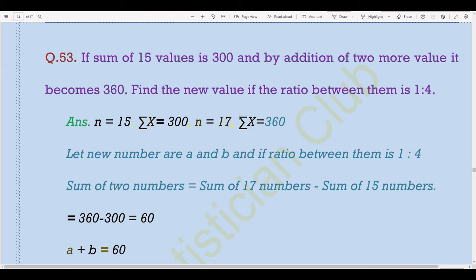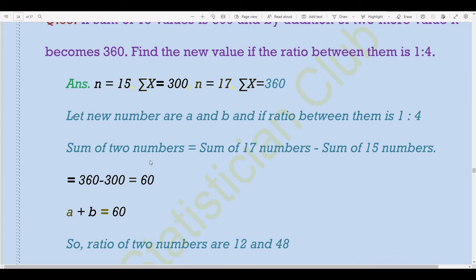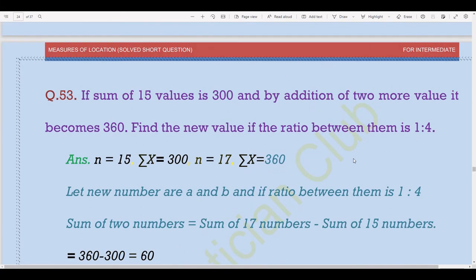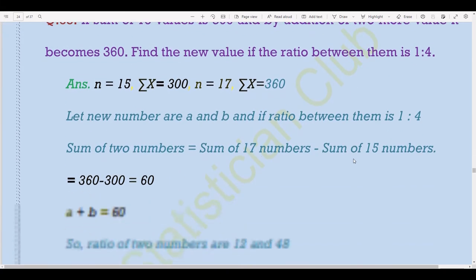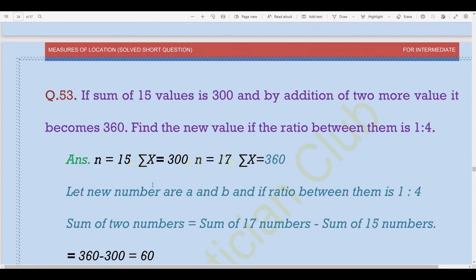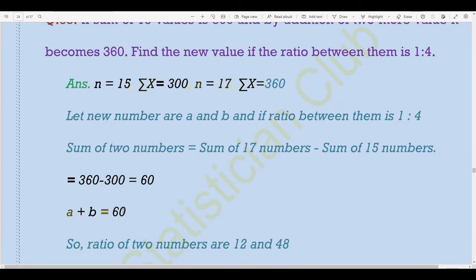And next, by adding 2 terms, n is 17 and sum of x is 360. So for the sum of the 2 values, take the difference between the sum of 17 numbers and the sum of 15 numbers. 360 minus 300 is equal to 60. So the two numbers A and B sum to 60.